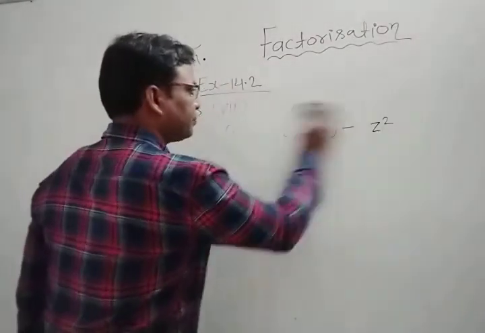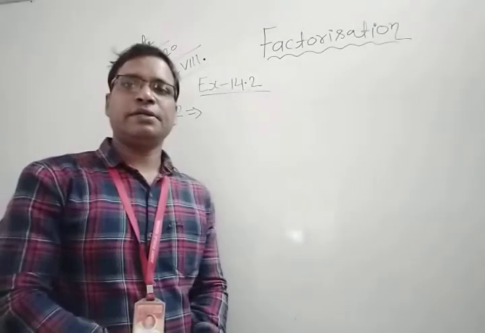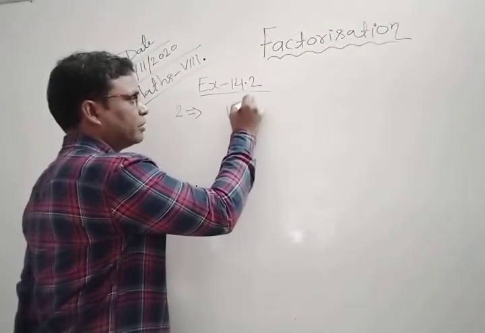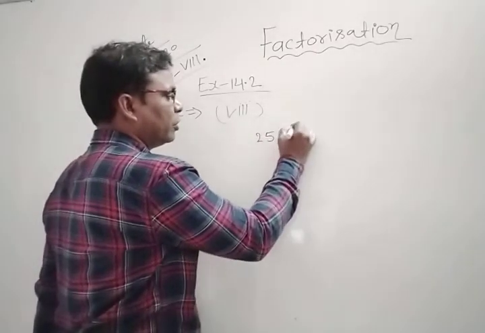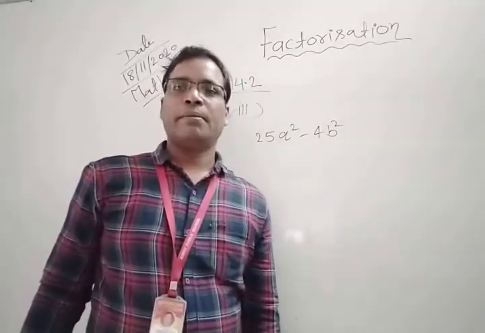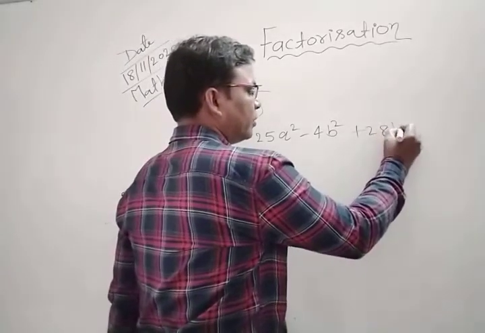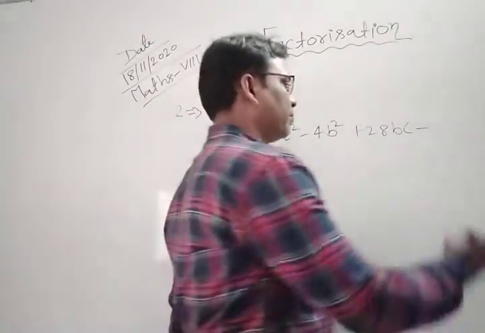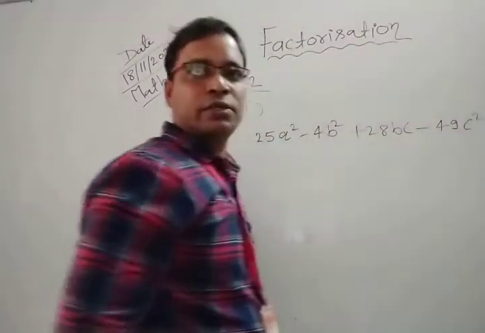This is the 8th part, and it is given as 25a square minus 4b square plus 28bc minus 49c square.